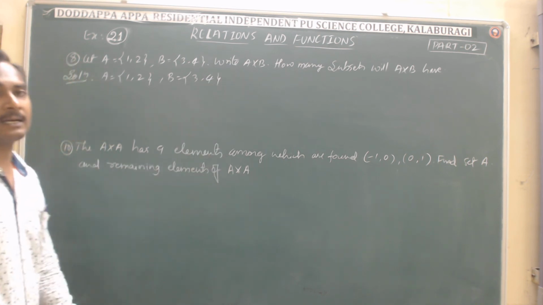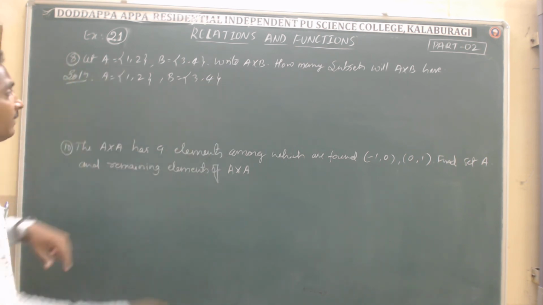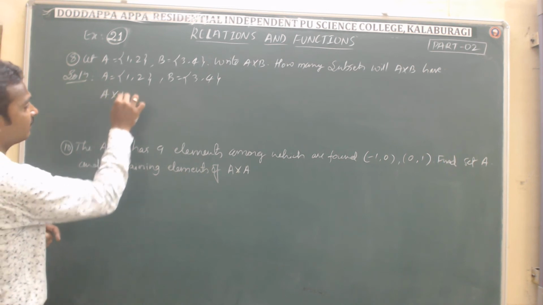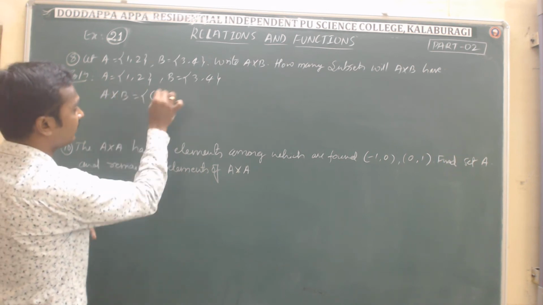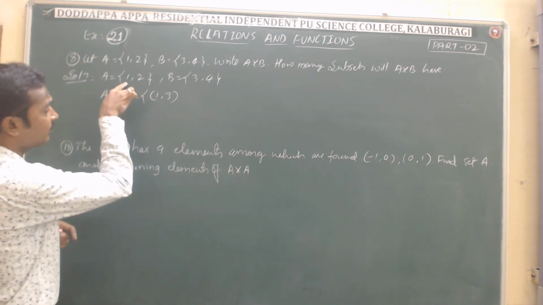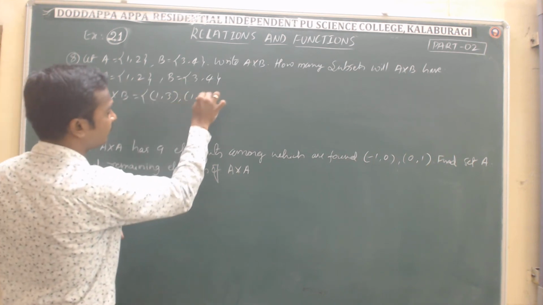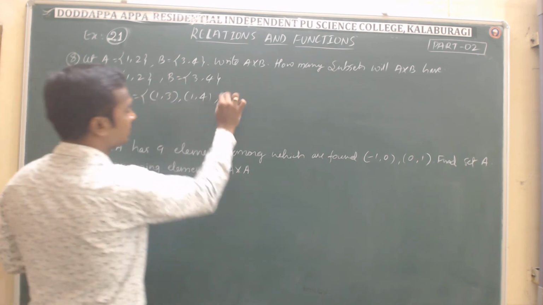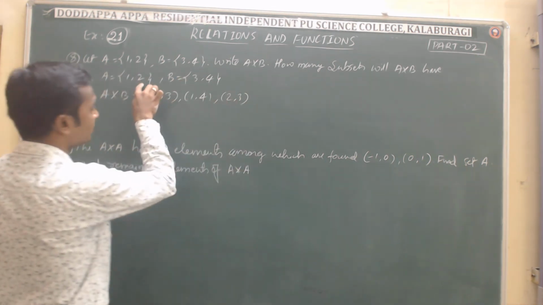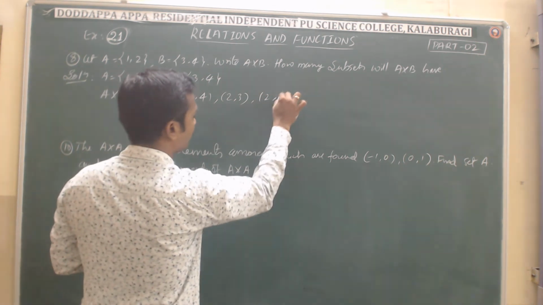Let us find the Cartesian product of A and B. So A cross B equals: relate 1 to 3, 1 comma 3; relate 1 to 4, 1 comma 4; next, relate 2 to 3, 2 comma 3; relate 2 to 4, 2 comma 4.